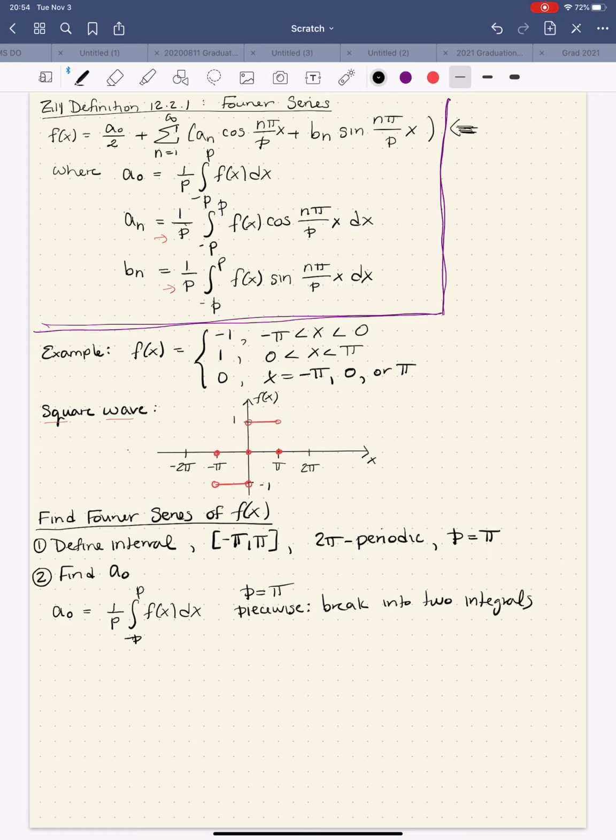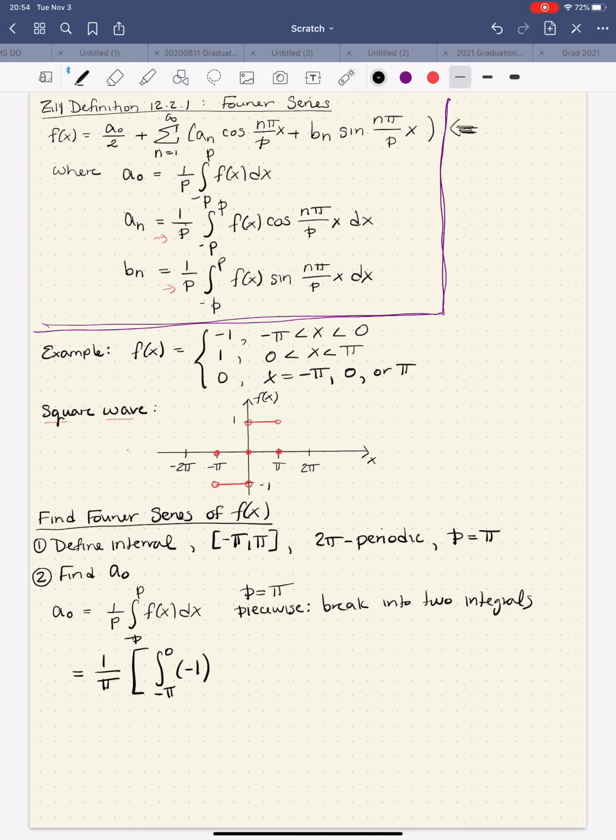Now I'm going to start replacing the unknown values with values that we know. p is equal to pi, so now I have 1 over pi. And I'm breaking up this integral into 2. I have the integral from negative pi to 0 of negative 1, because f of x is equal to negative 1 when x is between negative pi and 0.